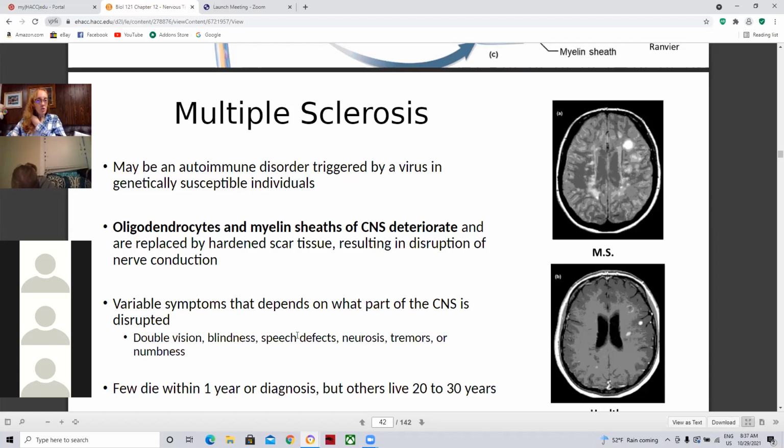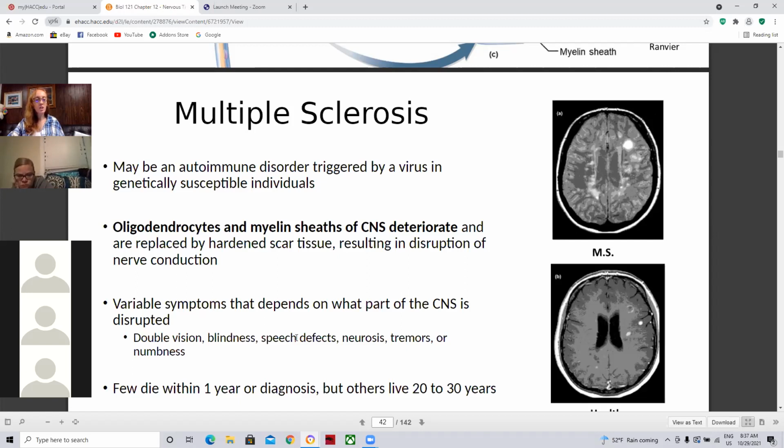So as a result, the myelin and the oligodendrocytes of the central nervous system deteriorate. And as they are destroyed, they're replaced by hardened scar tissue.